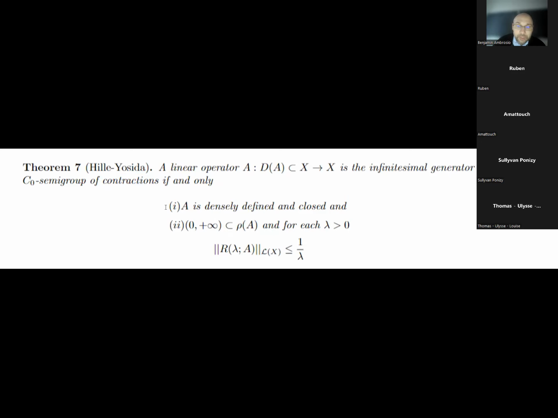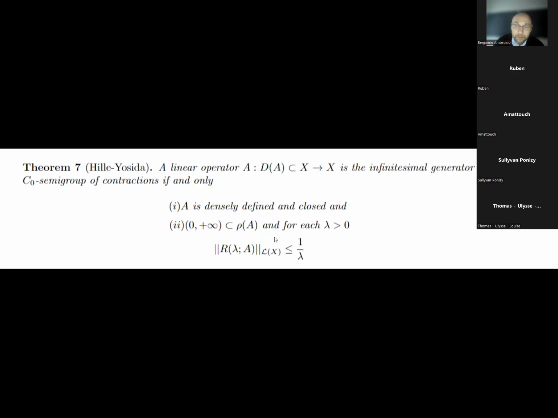You need two things. First, A is densely defined and closed. And the second thing, the resolvent set of A contains the positive real half line, the real numbers between 0 and plus infinity.